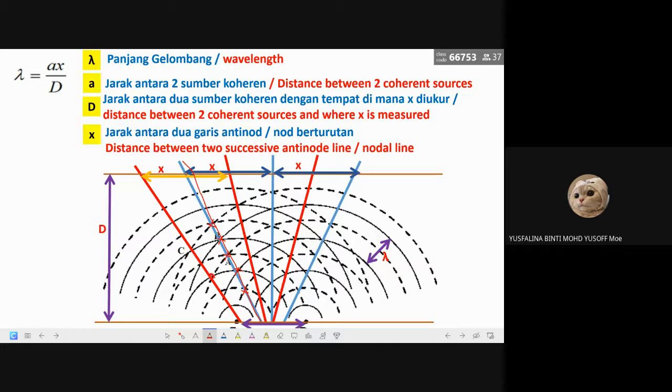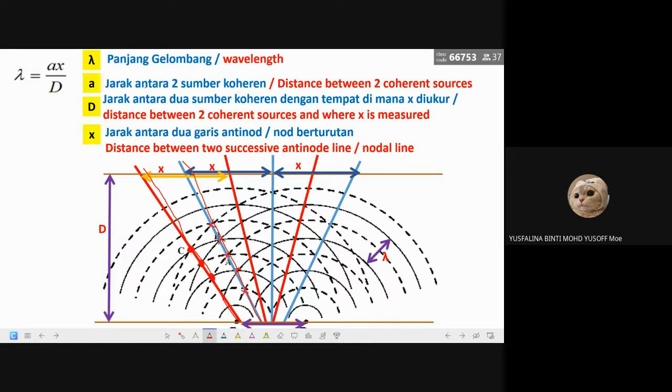At this part it is destructive, where the crest meets the trough. This part is also destructive, crest meets trough. And this one is also destructive, crest meets trough. So I just connect and underline all three, then this line we call a nodal line.